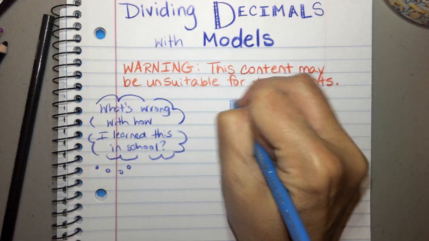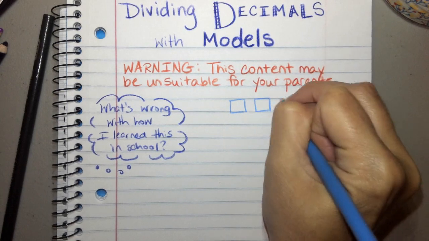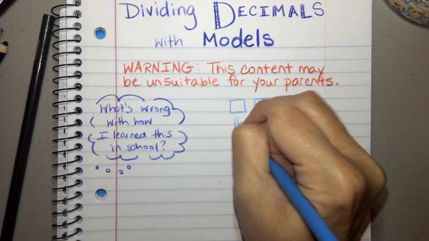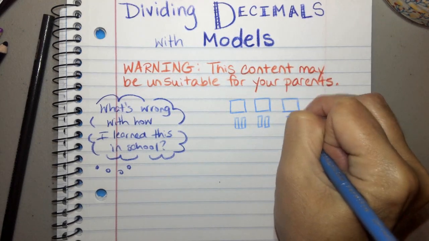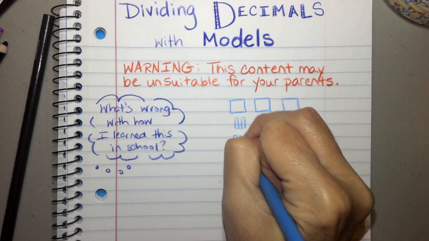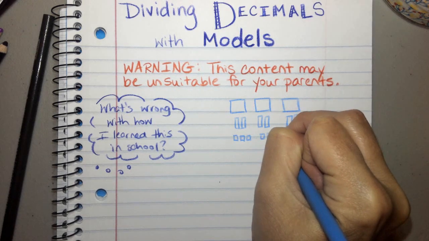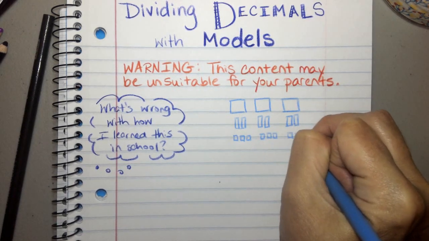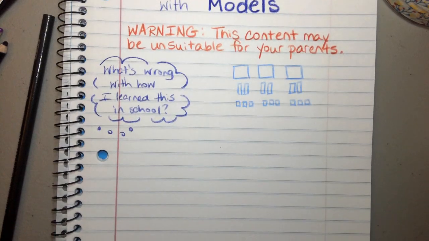So I'm going to go ahead and draw out a visual, and when I'm doing this, remember that we're letting each of these flats stand for one whole, and each of the rods stands for 1/10, and each of the units stands for 1/100th.